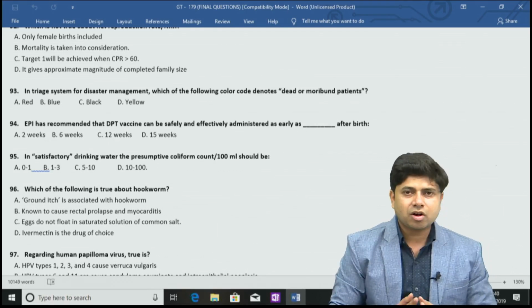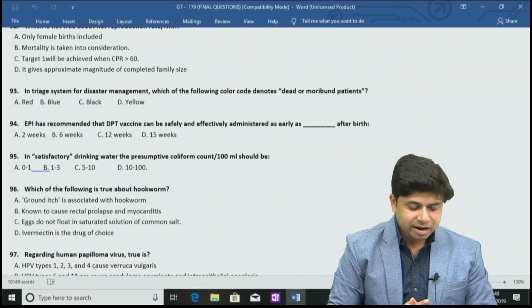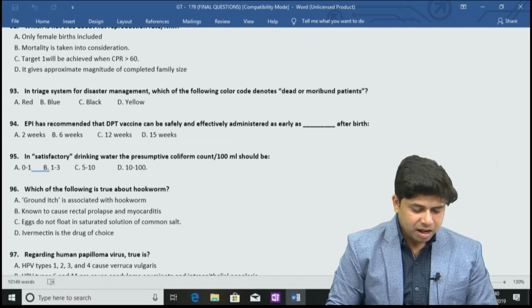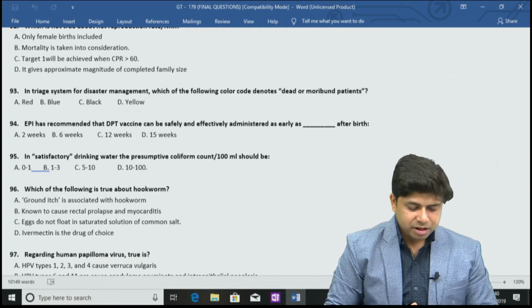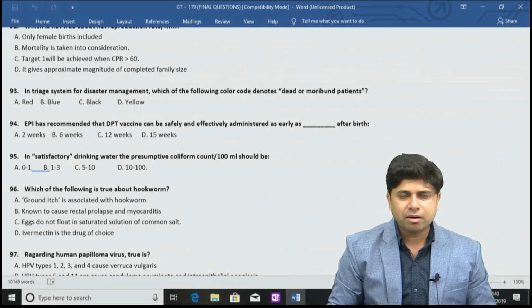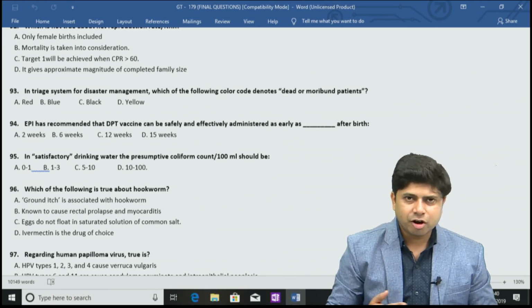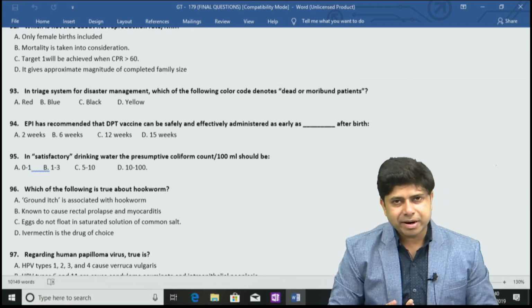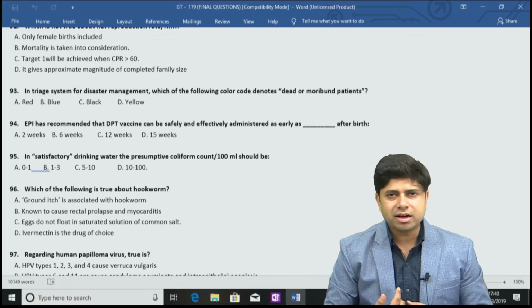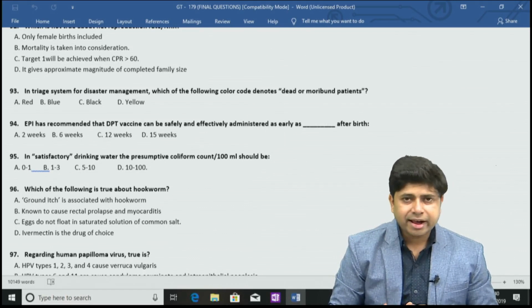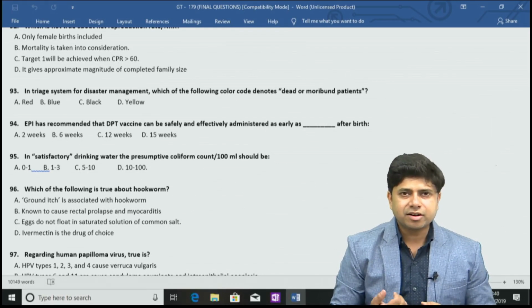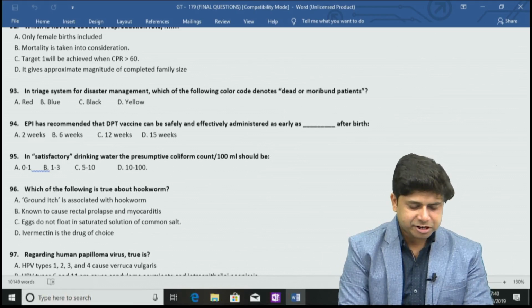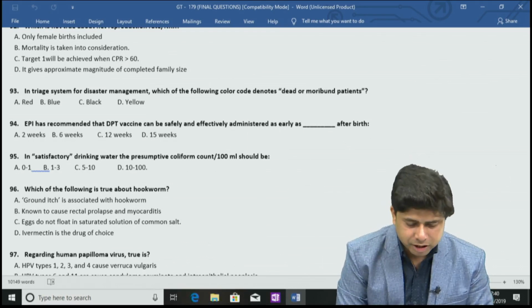It causes bronchitis and bronchopneumonia, creeping eruptions, cutaneous larva migrans, what we call, underneath the skin, we all know. The ground itch, Ankylostoma dermatitis, which is the ground itch, and the iron deficiency and dimorphic anemia, as I already told you.